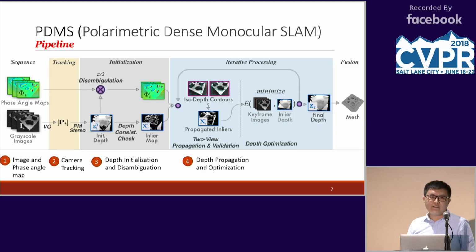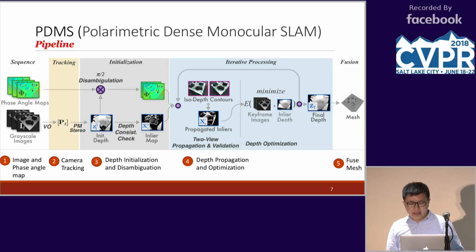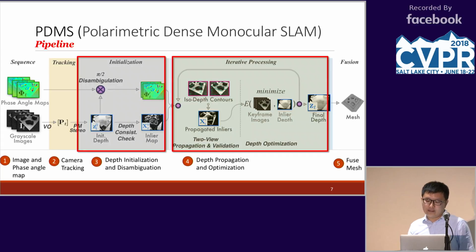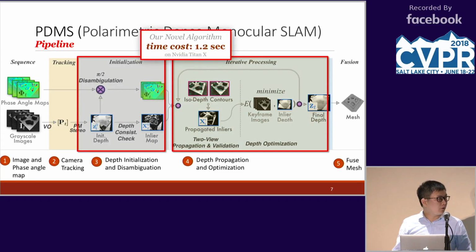Given the inlier seeds, the depths are propagated to the neighborhoods and optimized iteratively. In the final step, we fuse the depth maps into a triangle mesh. The initialization and the iterative processing are our novel algorithm, and it takes 1.2 seconds to compute each keyframe on a modern GPU.